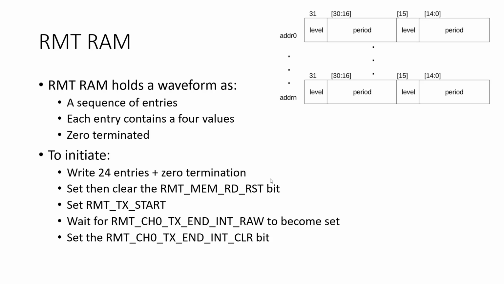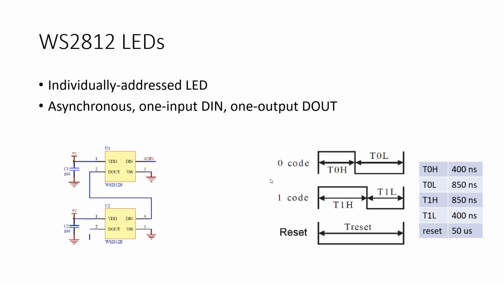Then you have to take those bits and encode them into the high and low times that I had in that table, right? So if I want to send a 0, I put in 400, 850. If I want to put a 1 in, I put in 850, 400, right? So each bit is converted to either 400, 850 or 850, 400.